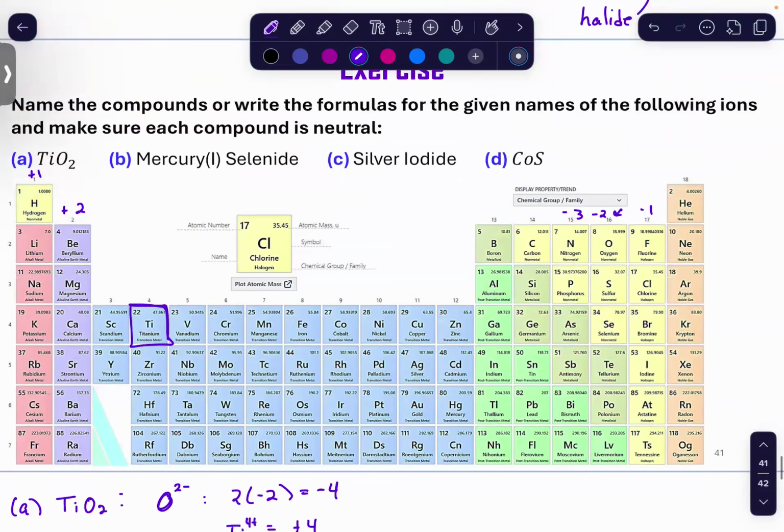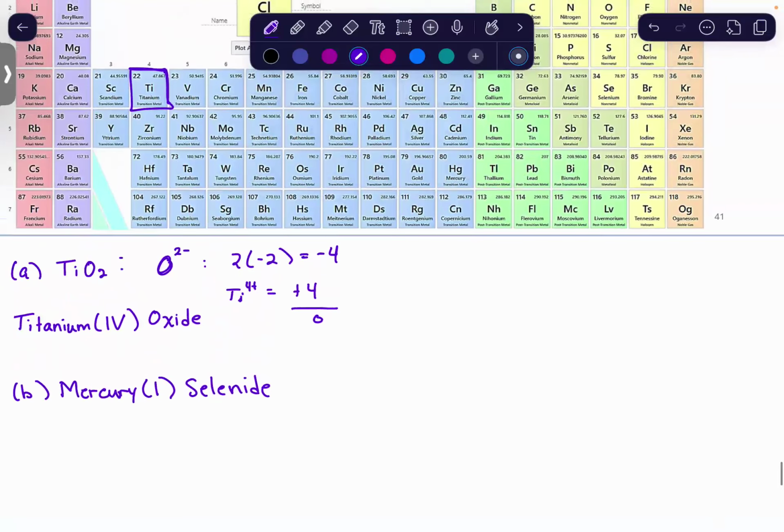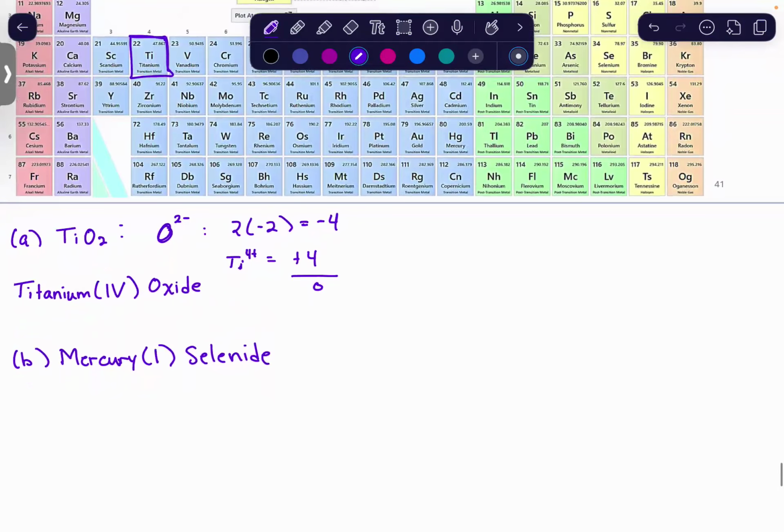Let's see, part B. Okay, mercury 1 selenide. All right, well, actually, this helps us because anytime you see that Roman numeral, you automatically know what the charge on the mercury is, or on your cation. That means your mercury is definitely a +1.